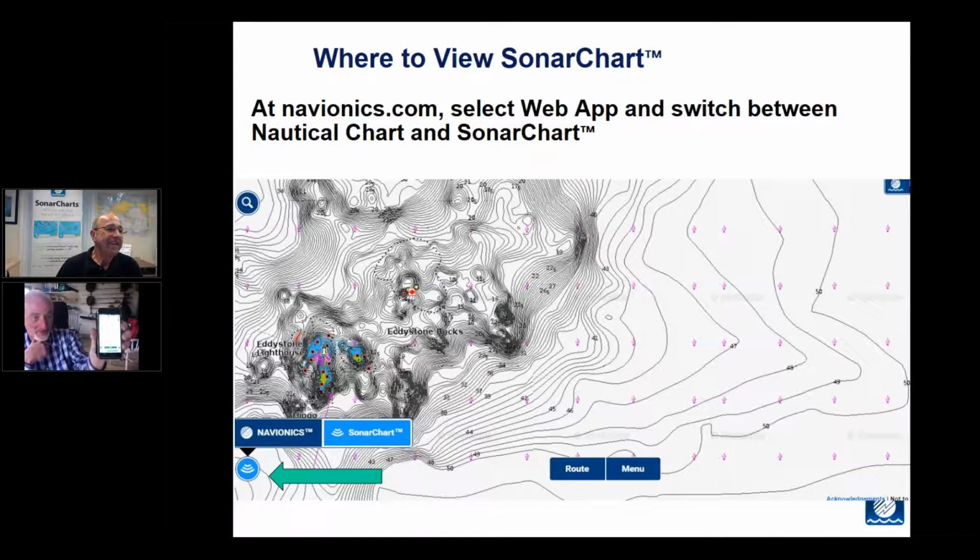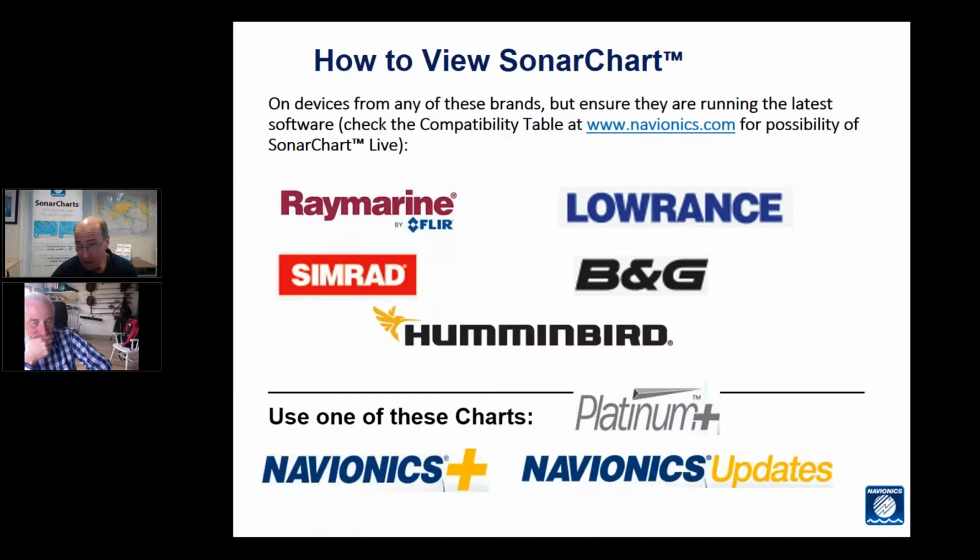You can't see that very well, but that's how it looks on a phone, and it's very usable, very clean. We couldn't see it too much, but as Tim says, it appears in exactly the same way. Then also you can view it on all these brands of chart plotter fish finders, provided you've got one of those Navionics charts running with it.